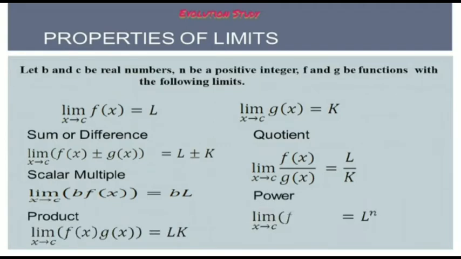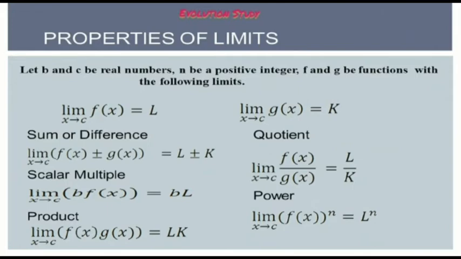Limit x tends to c f(x) is equal to L and limit x tends to c g(x) is equal to k. Now the sum or the difference, limit x tends to c f(x) plus or minus g(x), is equal to L plus or minus k, and the quotient, limit x tends to c f(x) divided by g(x), is equal to L divided by k.